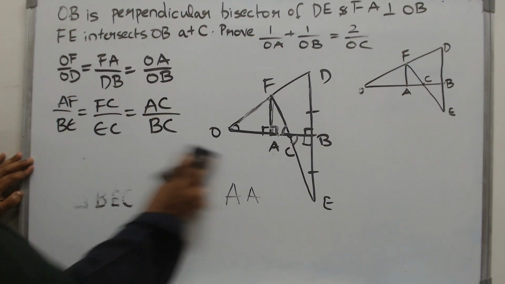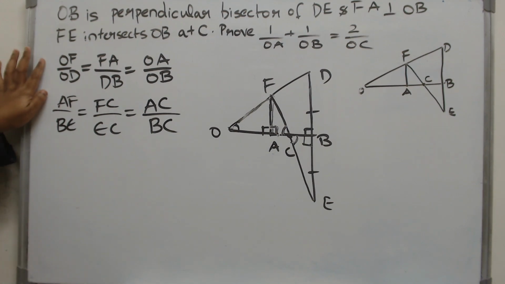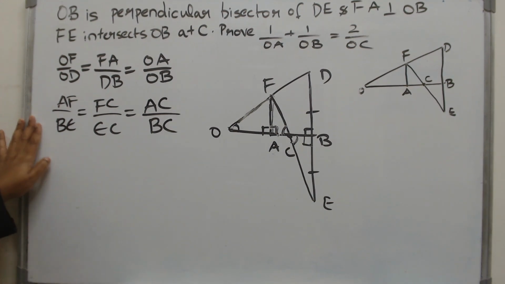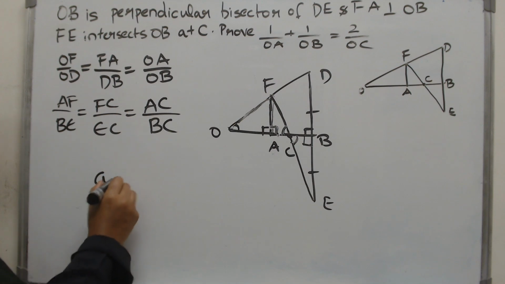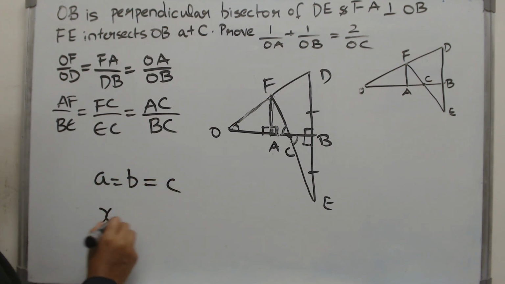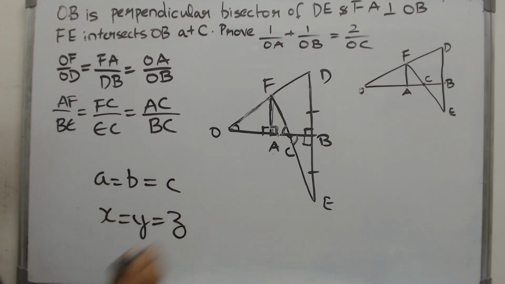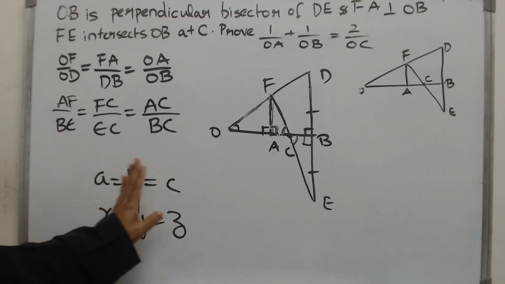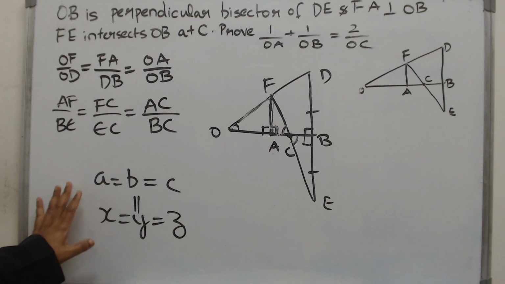Now what do you see? You see two different ratios. For example, I have two different ratios like this. If I can prove that they are equal, what will that mean? All of these 6 quantities are equal to one another.